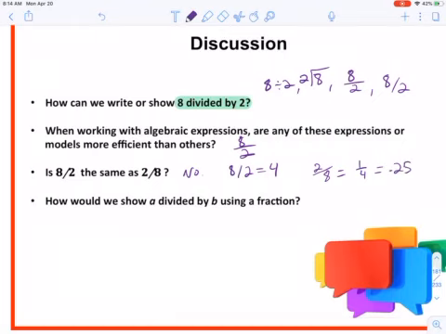So you'd get a fraction. So no, they are not the same. You're mixing up the dividends and the divisors. How would we show A divided by B using a fraction? Easy as that, A over B. Alrighty, let's move on.